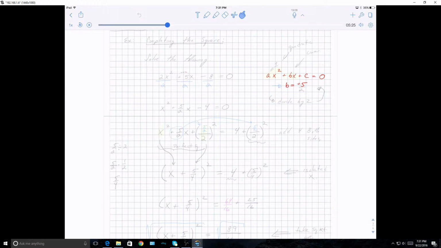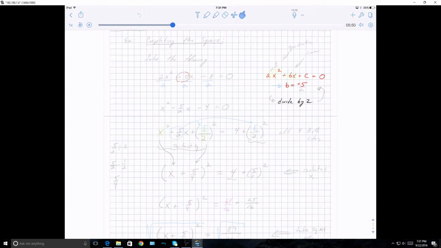I'm going to do a little dotted circle around it just so you can see it. Now, all we have to do is get a perfect square to exist. So the first thing that we want to do here is divide everything by 2.